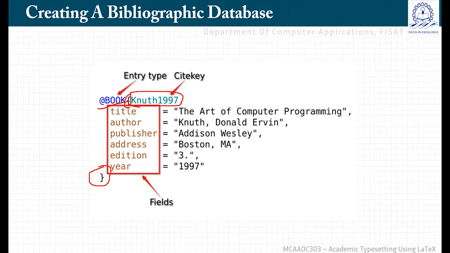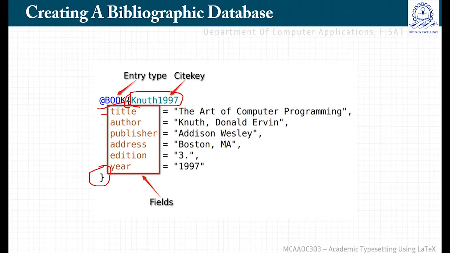The actual reference information is then entered in various fields separated from one another by commas. So we can see the title is given as a key-value pair: title is equal to The Art of Computer Programming. After that, the next field is author. These two fields are separated by a comma.